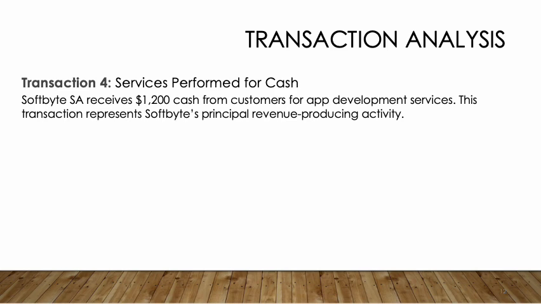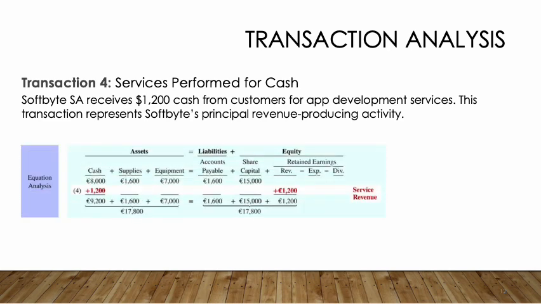Once again, in terms of how this affects the accounting equation, we've received the $1,200, so our cash balance is going to go up, and we've now earned $1,200 in service revenue. By default, that increases our equity. And so therefore, our accounting equation still balances.